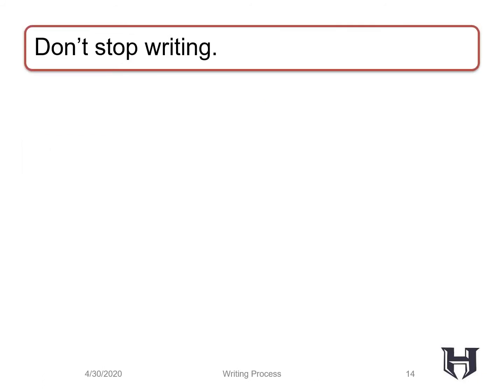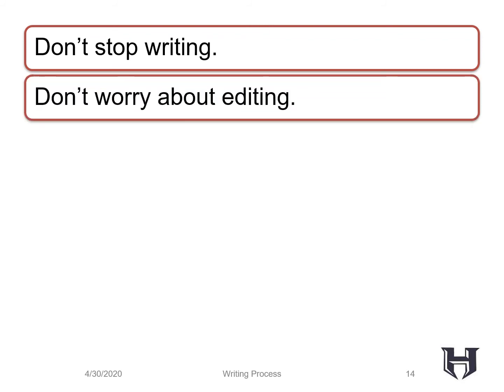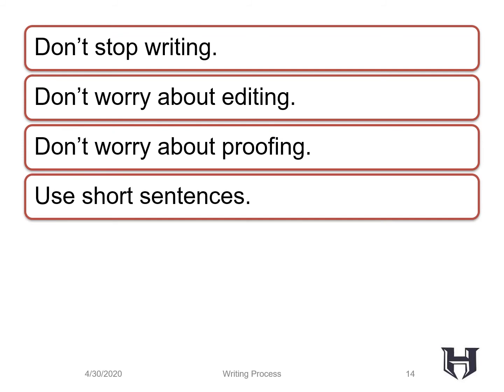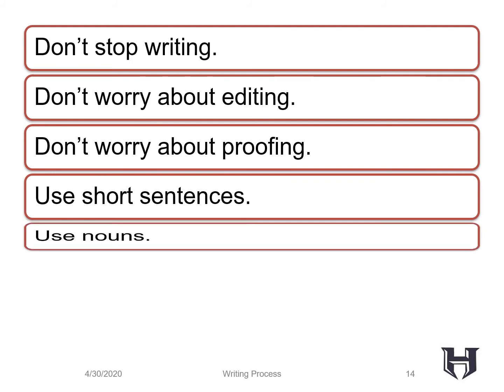Don't stop writing when you're free writing. When you stop writing, you're literally stopping your thinking process. So keep writing. Don't worry about editing. You do that later. That's a later step. Don't worry about proofreading. That's a later step. We'll do that later.